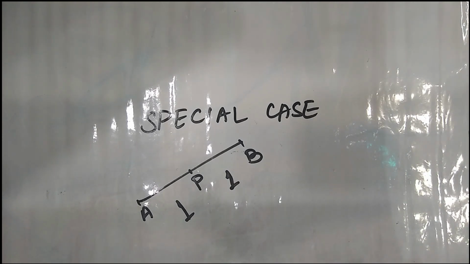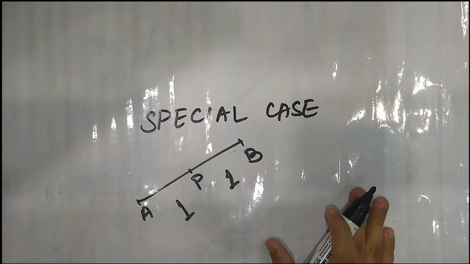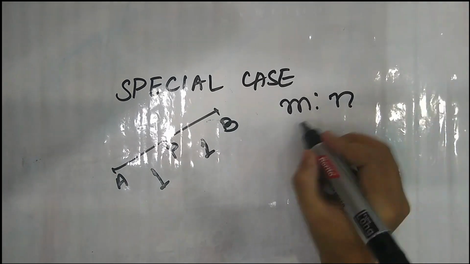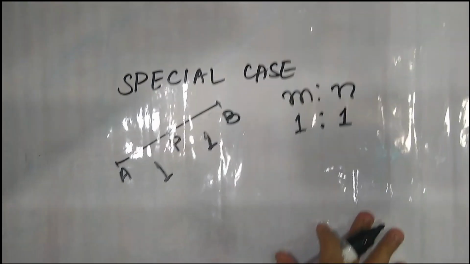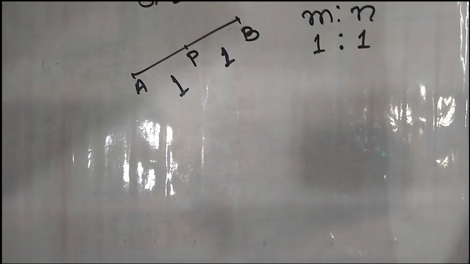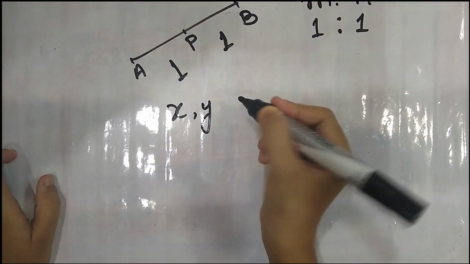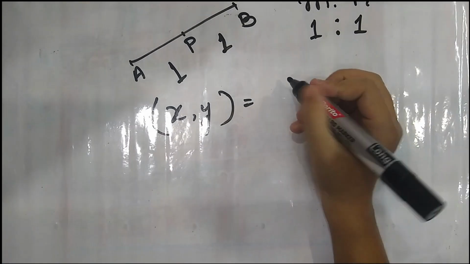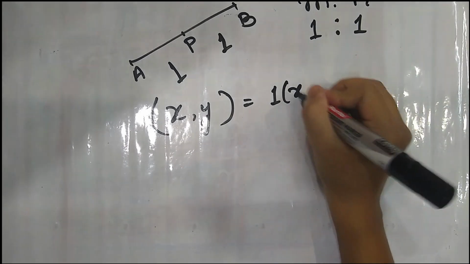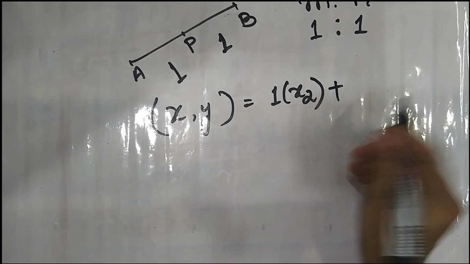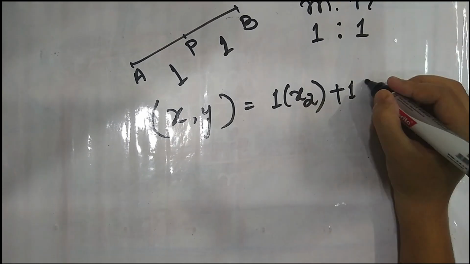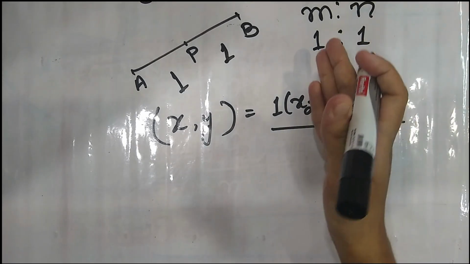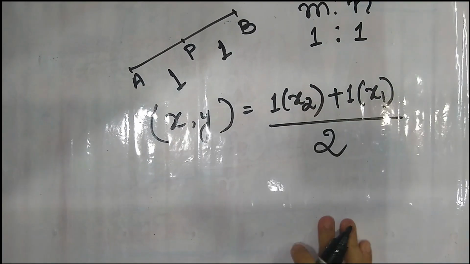So in this case, what will be your section formula? It will be the same, but in place of m is to n, you will place 1 is to 1. So x comma y is equal to m, which in this case is 1, so 1 into x2 plus n, which is also 1, so 1 into x1, divided by m plus n, which is 1 plus 1, which is 2.